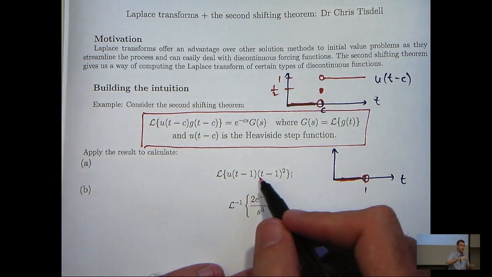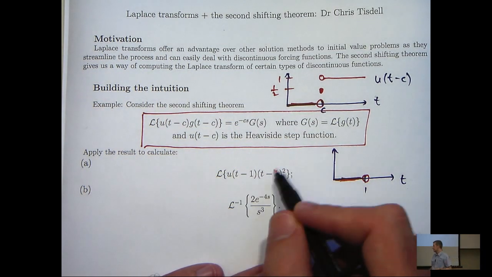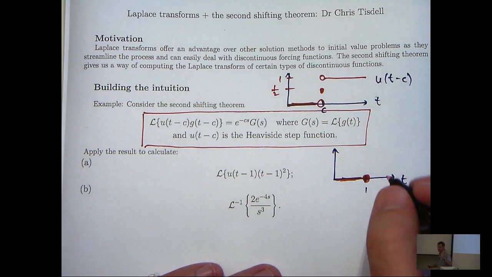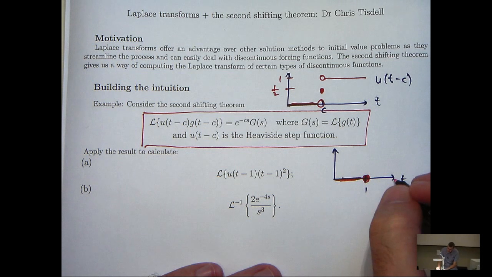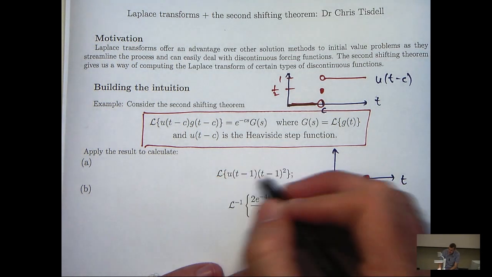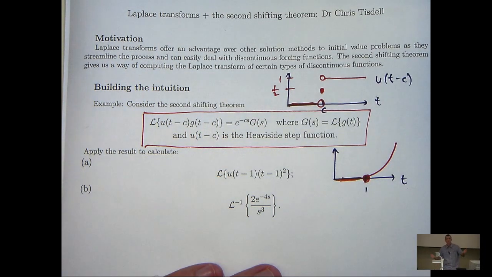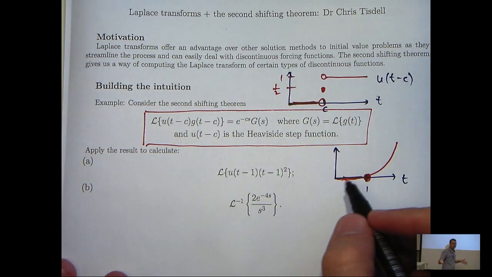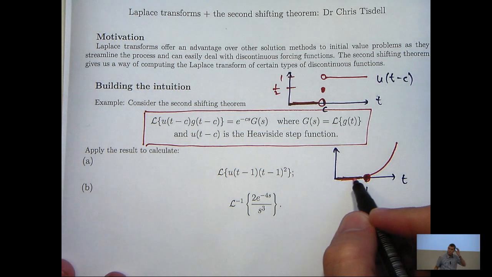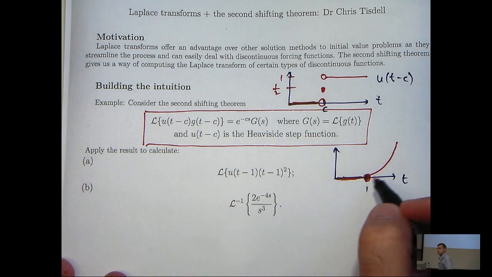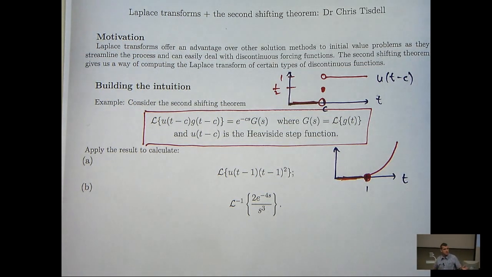Now, at t equals 1, this is 1/2, but this is 0, so actually the product's 0. And then to the right of 1, this is 1, and this is just, of course, t minus 1 all squared. So it's going to look something like this. You can see that as we get to the point 1, the function's switched on, and we get the behaviour that we would expect.